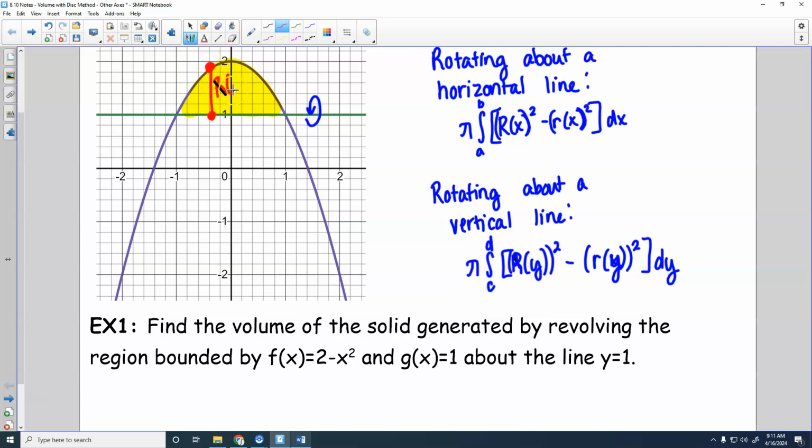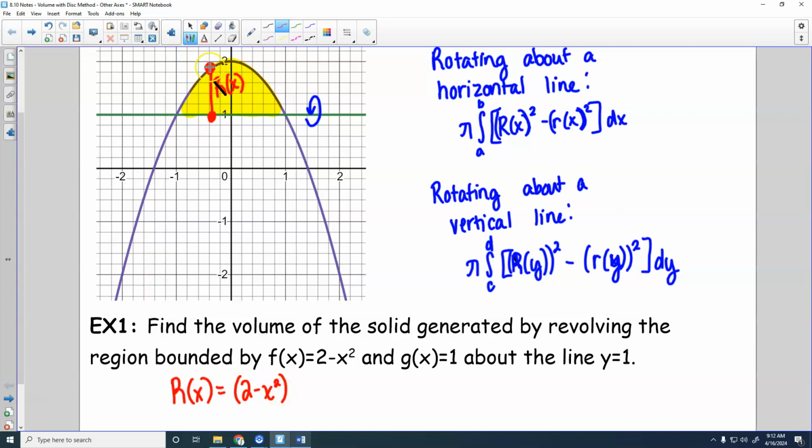That is your capital R of x. Now, that capital R of x here is going to be wherever the top of that line is minus wherever the bottom of that line is. The top of that line is on the curve that is 2 minus x squared. So that is going to be 2 minus x squared.